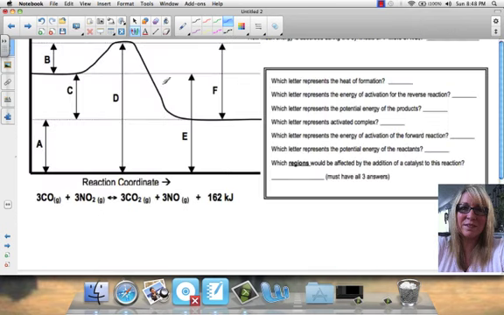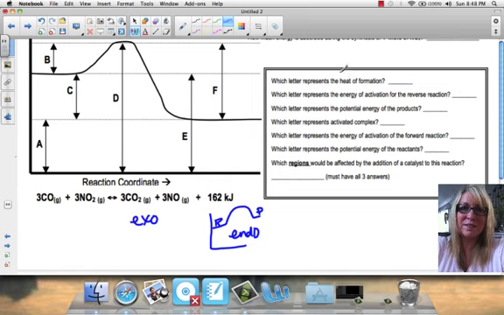About potential energy diagrams, remember when you go downhill, it is exo, so this is an exothermic reaction. When you go uphill, when your products are higher than your reactants, then it would be endo. So this is endo. Okay, which represents the heat of formation?